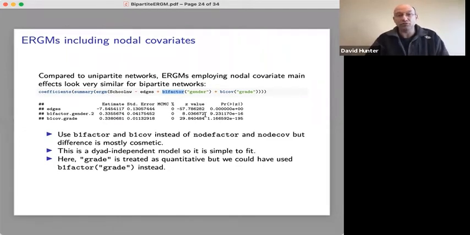In this case, there's no such thing as the grade level of a club. And so if we tried to use nodefactor of gender or nodefactor of grade, because clubs have neither of those, we would actually get an error from ERGM. The b1factor and b1cov terms then just make this a cleaner way of specifying, yes, we're talking about a nodal covariate that's measured on the first mode of a bipartite network.